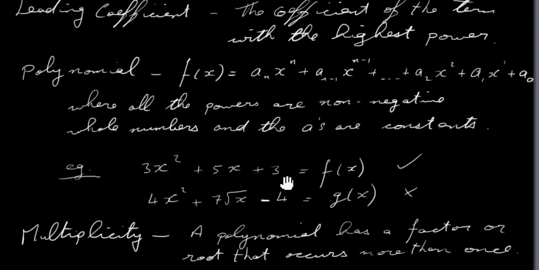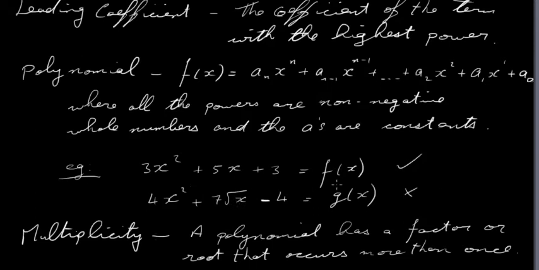Now this one here is not a polynomial. Let's have a look at why it might not be a polynomial. Well, you've got your a's here as a 4, a 7, and a minus 4. Well, they're constants, so that's fine. What about the powers then? Well, you've got x to the power of 2, which is fine. 2 is a non-negative whole number.